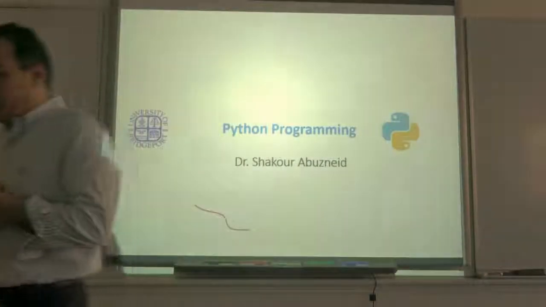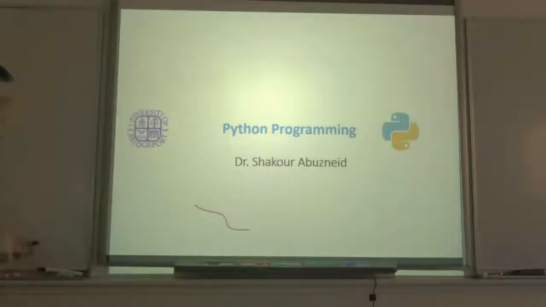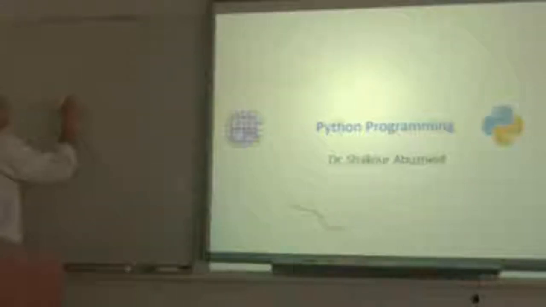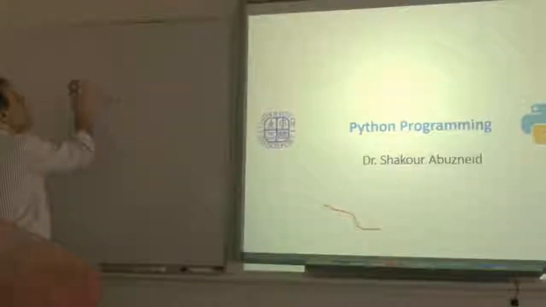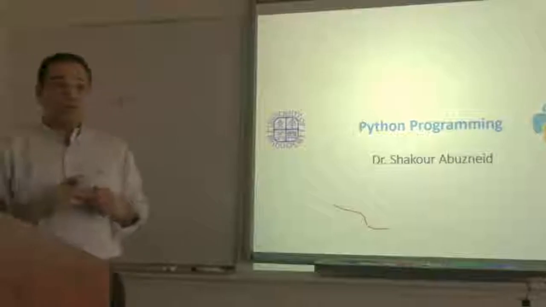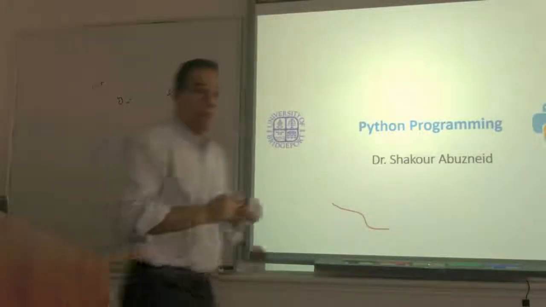So we started the last 2 weeks, introducing you to Python. We talked about what Python is and how it is different from other programming languages. We spoke about how you could create a variable, for example y equals 3. We don't have a declaration for the type; it will be declared by itself once you use it.